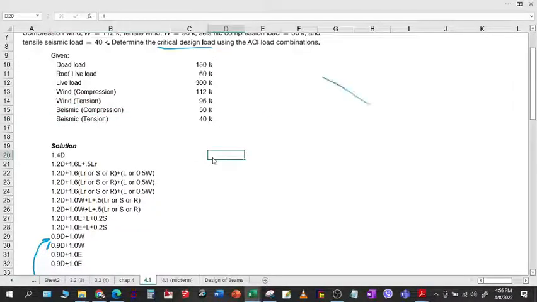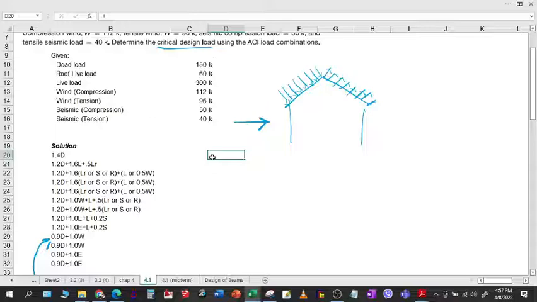For example, if you have a building and you have a wind force attacking in one direction, it will produce compression on the windward roof. But it will also produce suction on the leeward roof.